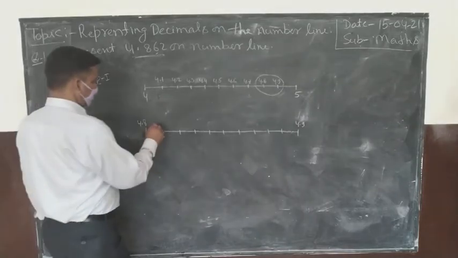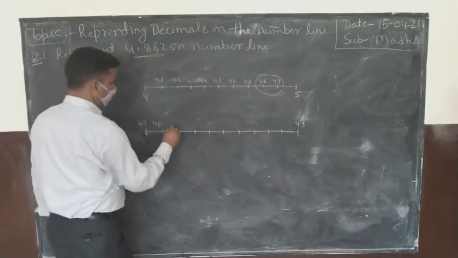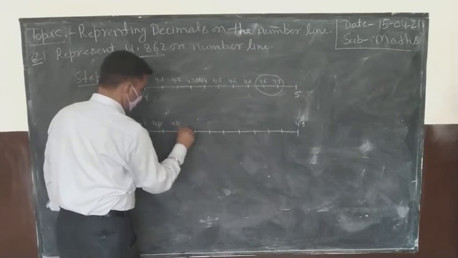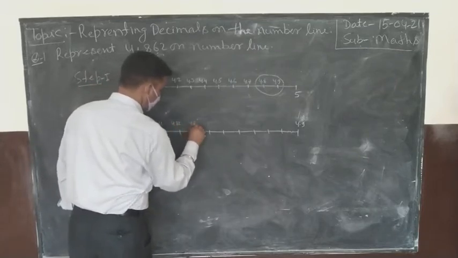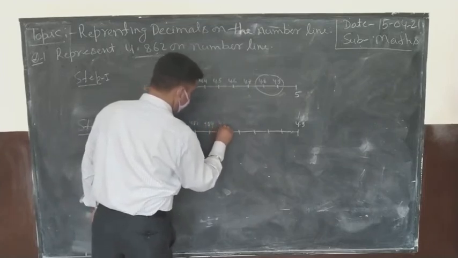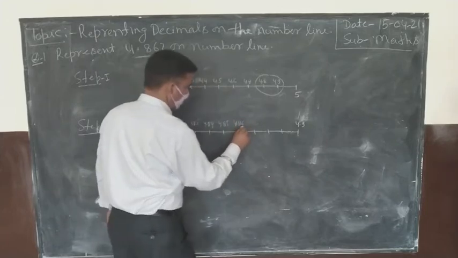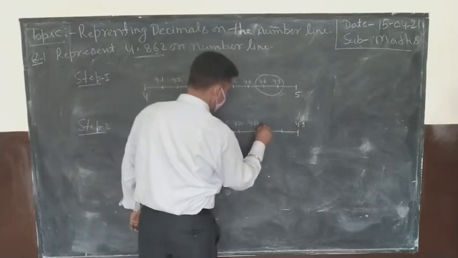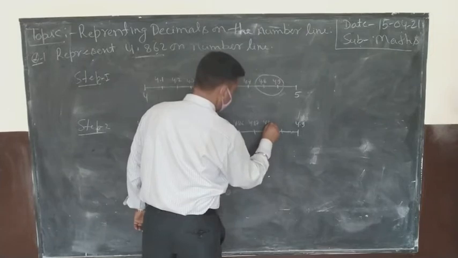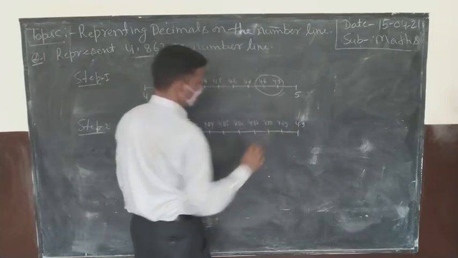So how do you write this? 4.81, 4.82, 4.83, 4.84, 4.85, 4.86, 4.87, 4.88, 4.89 or 4.9.